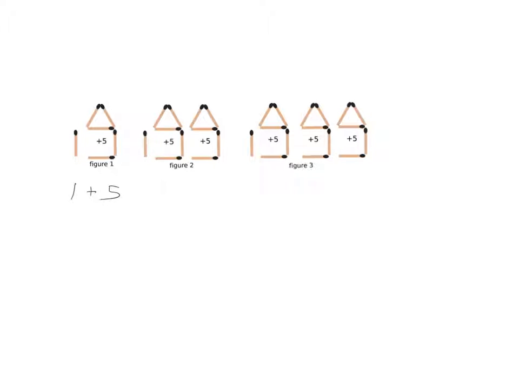Now in figure 2 we had the 1 match and the 5 matches, and we've got another 5 matches. In other words, we've got 1 match and 2 lots of the 5 matches. When we get to figure 3, we've got the 1 little match here, and then 1, 2, 3 lots of 5 matches.